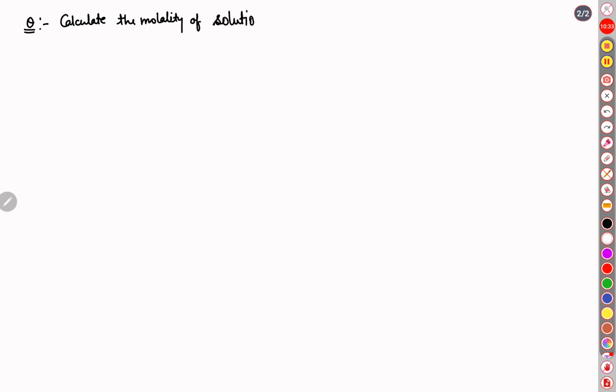Question: calculate the molality of a solution containing 20.7 gram of potassium carbonate, K2CO3, dissolved in 500 ml of solution.